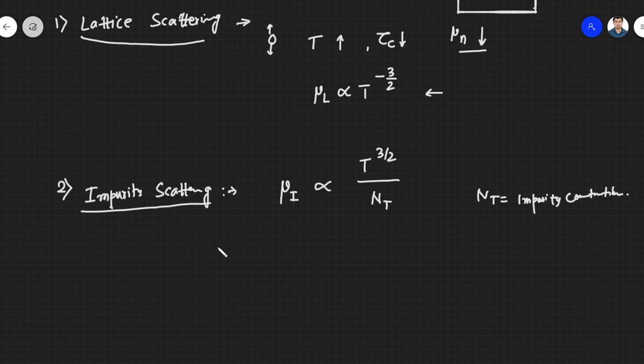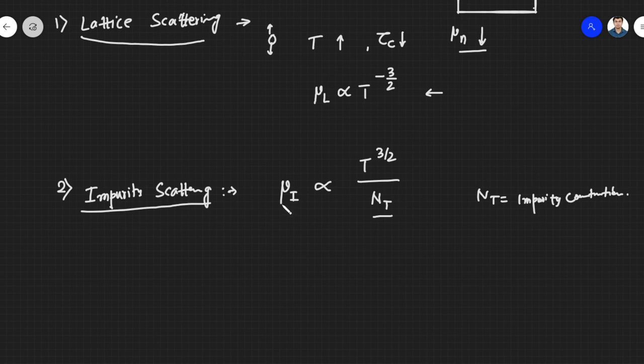Now when an electron or hole passes near an impurity, it will get deflected, because the impurity is, let's say, positively charged. So the electron will be repelled, holes will be attracted, but it will impact their movement. It will reduce it, right? So if the number of impurities is more, then the mobility will reduce more.